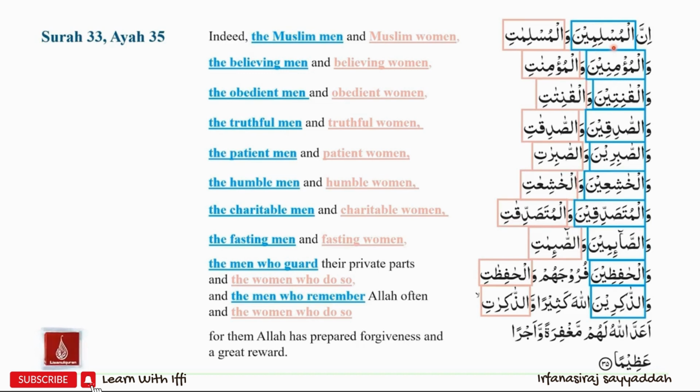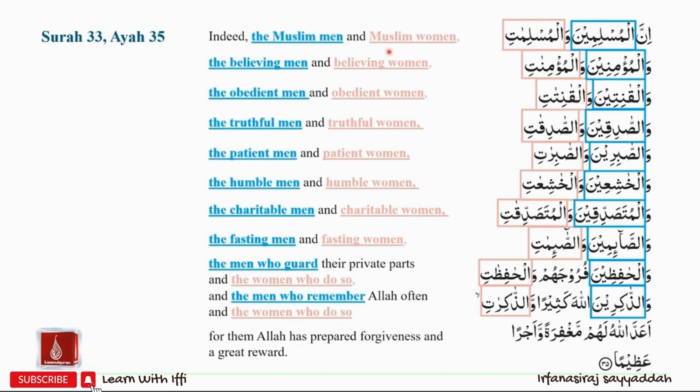So, una ending sound will correspond to the Rafa status and ina ending sound will correspond with Nasab or Jarr status. So, the capacity of this ism is definite, the number is plural, the gender is masculine, and the status is Nasab or Jarr. And the translation of al-Muslimina is the Muslim men.